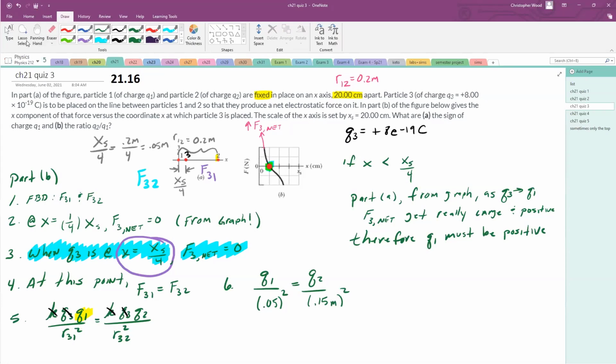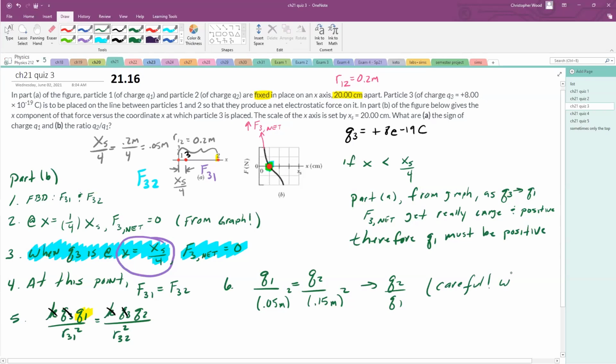Let me fix this. Okay. There. So then I guess we're done. You can solve for Q2 over Q1. Here's a question. Well, here's a point. Careful.